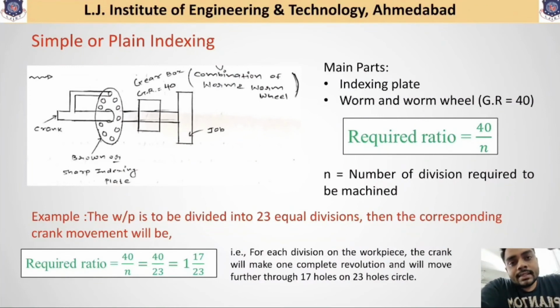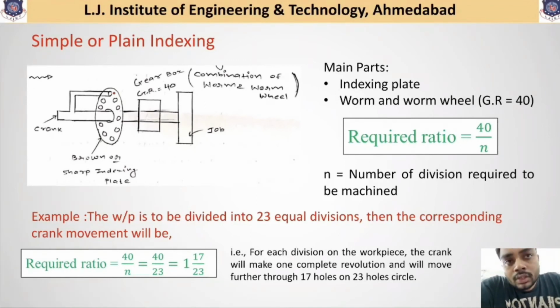So if I say from this figure, let's have a look. This is our initial position. First, one complete revolution, which is required and will rotate the job by a certain angle. After providing one complete revolution, suppose these are the 23 holes available on the indexing plate.